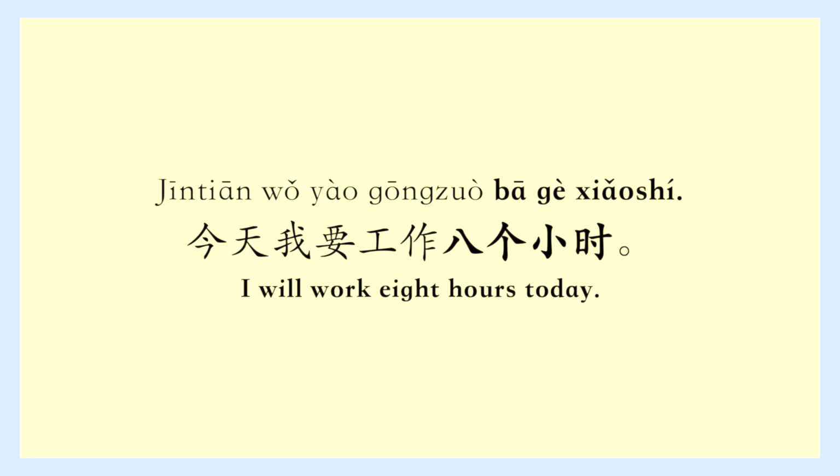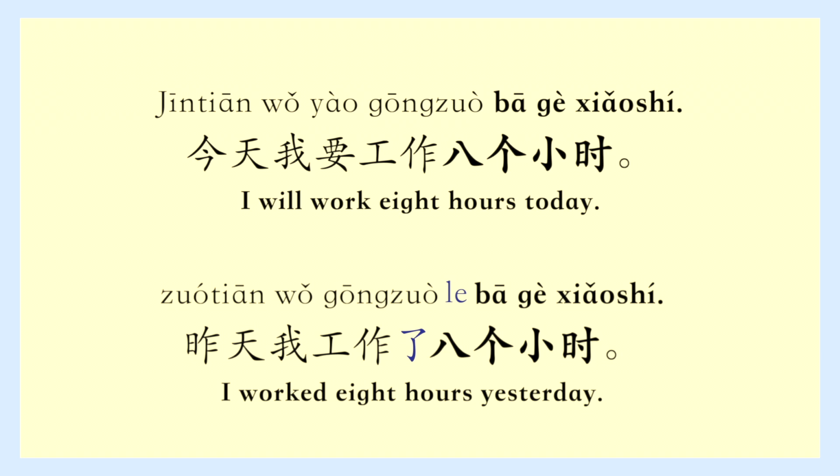Okay, now let's talk about something more complicated. Let's take a look at this sentence. 今天我要工作8个小时。What about 昨天？ How do you say I worked for 8 hours yesterday. Easy peasy. 昨天我工作了8个小时.